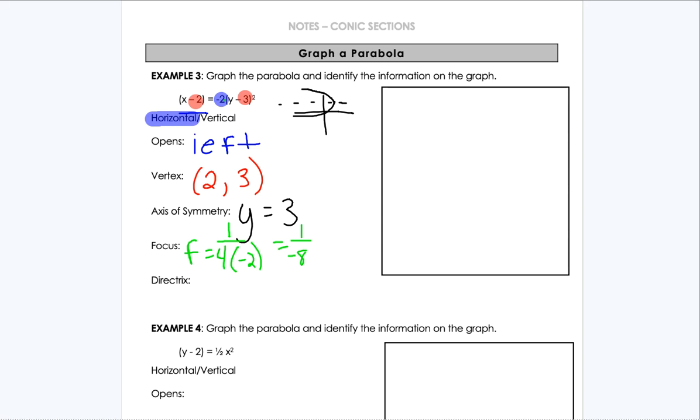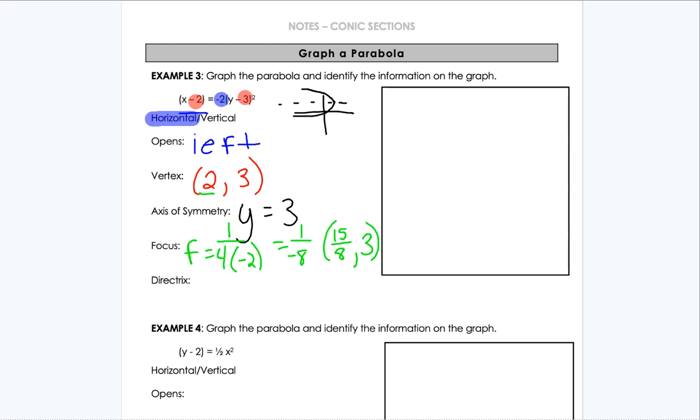If I go -1/8 from 2, my focus is at 15/8, right? 2 is 16/8, if I subtract an 8 from that, I'm at 15/8, and it has the same y value. So my focus is at (15/8, 3) on my graph.